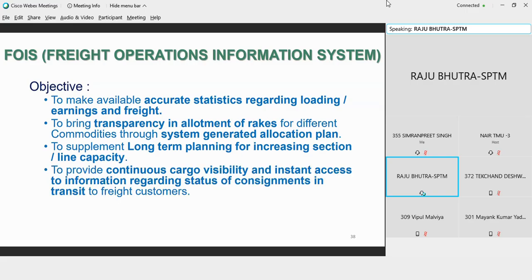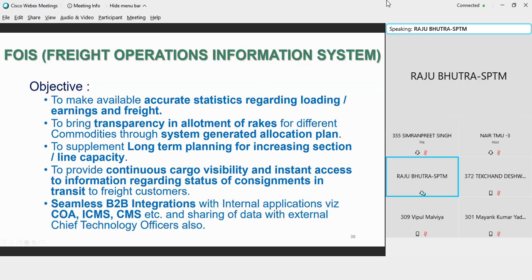To provide continuous cargo visibility and instant access to information regarding status of consignments in transit to freight customers. So if the freight customers want to know information about their consignments which are in transit, continuous cargo visibility can be done and instant access can be there to the information regarding the status of consignment for the freight customers.